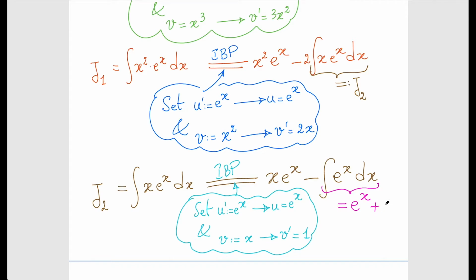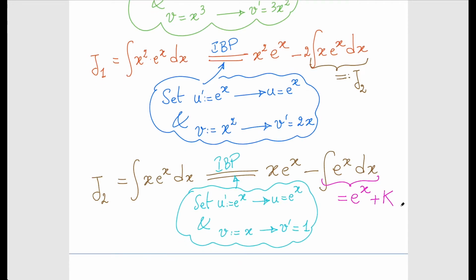Let's add the constant at the end. Let me just put the k here and show you why I can just add it at the end of the day. Let's keep it for now. So keep in mind k is an arbitrary real number.